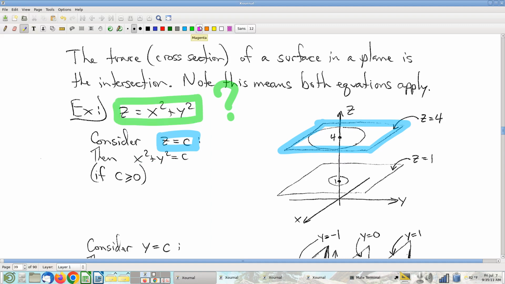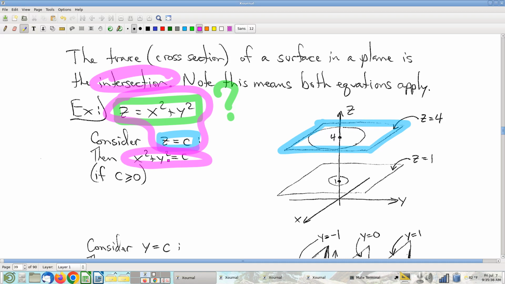An intersection means I need points that are on both surfaces, which means points that satisfy both equations. If I know that z is equal to x squared plus y squared, and on this intersection z is equal to c, then together that means x squared plus y squared has to equal c.